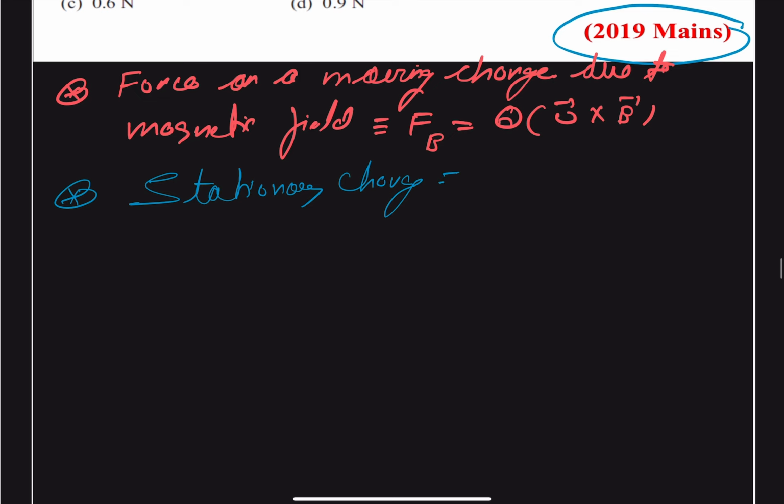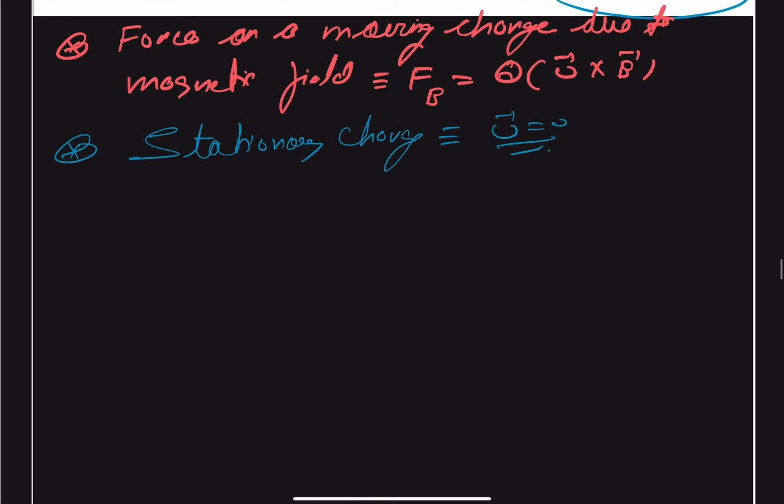So which basically means that its velocity will be equal to 0. And velocity is 0, so the force because of this magnetic field, or we can say magnetic force, will be equal to 0. Therefore, we can say our FB will be equal to 0.